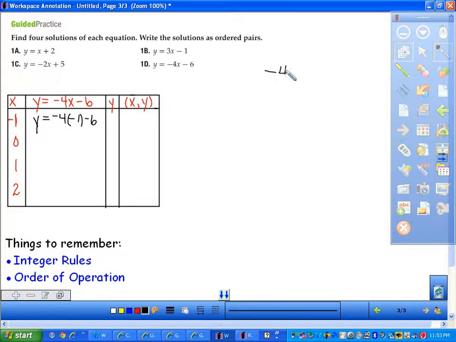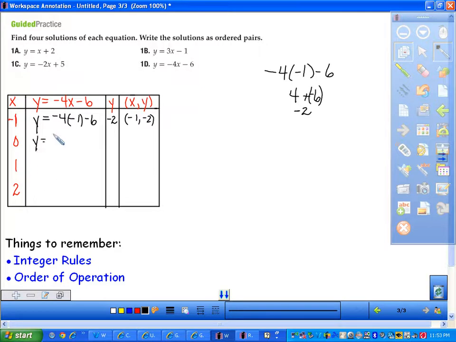So I have negative 4 times negative 1 minus 6. A negative times a negative is a positive, so I'm going to get 4 minus 6. Remember my integer rules for subtracting. The smaller number in front, I have to do keep, change, change. And now I have to add. So I have more negatives than I do positives, so I'm going to get negative 2. So my y is negative 2. And my ordered pair is going to be negative 1, negative 2.